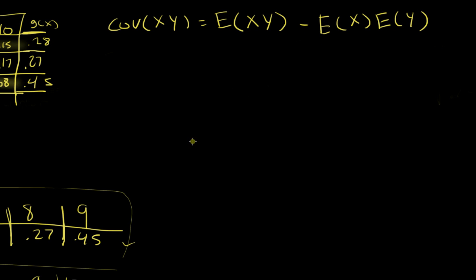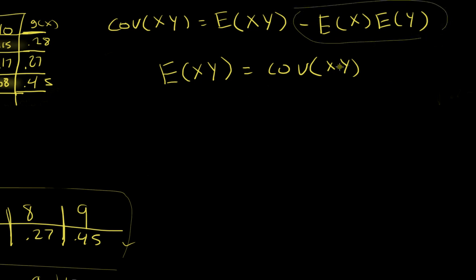Okay? Hint, since you're watching this video, good for you that you're studying. I'm going to give you a hint for the exam. Notice this relationship, the expected value of x, y equals, I can rewrite this using algebra, right? If I add this piece here to both sides, then I can single out the expected value of x, y.